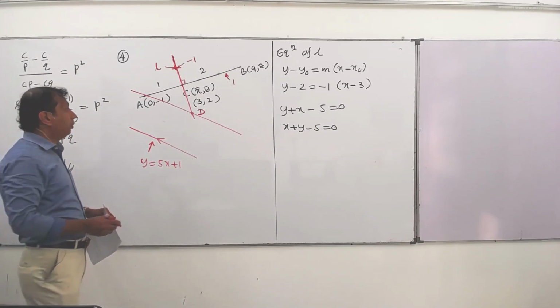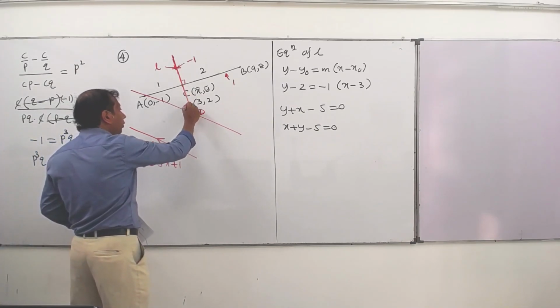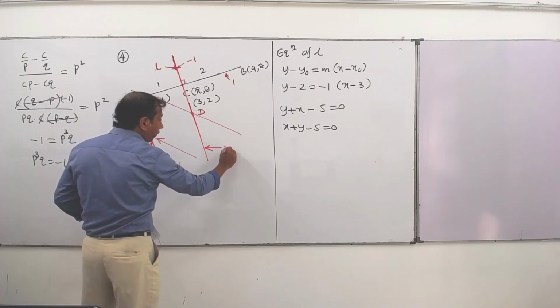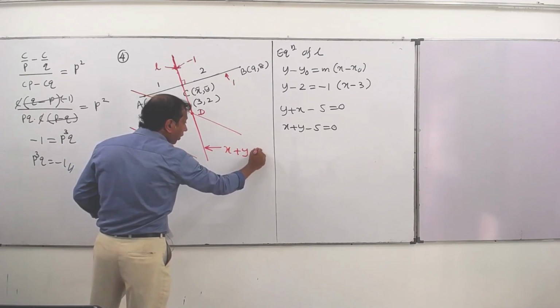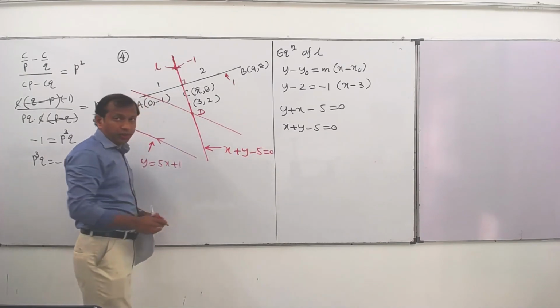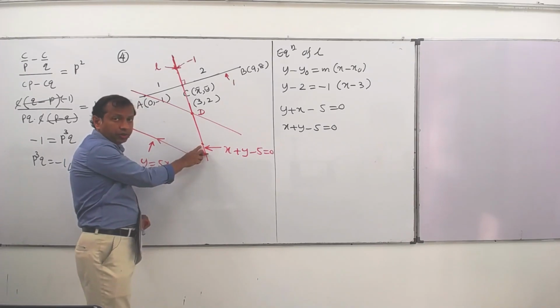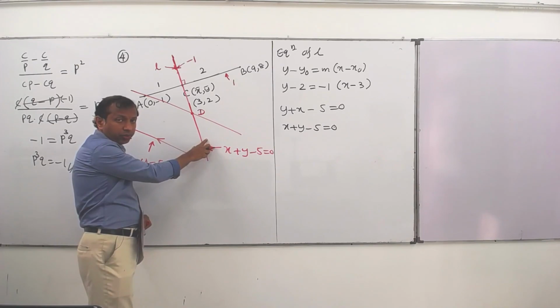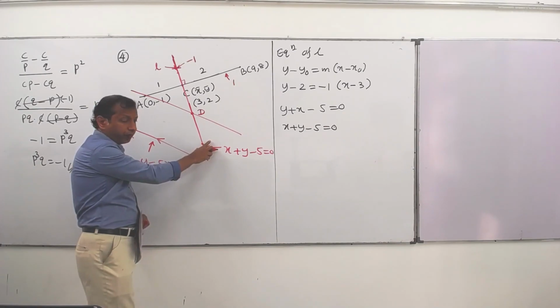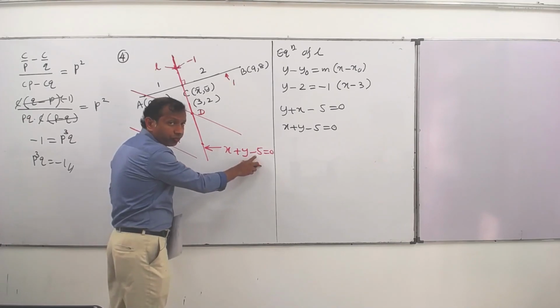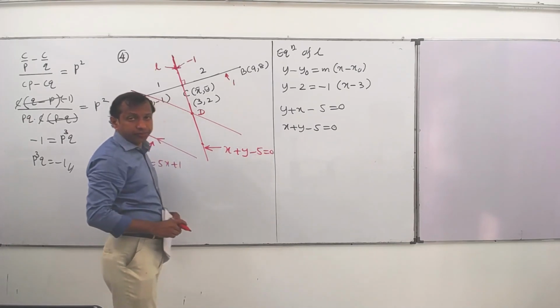You know this line L, its equation we found just now, x plus y minus 5 equals 0. It says when I consider any point on this line, if the x coordinate of the point is x and the y coordinate is y, then this x and y coordinates always behave how? X coordinate plus y coordinate minus 5 is always equal to 0.